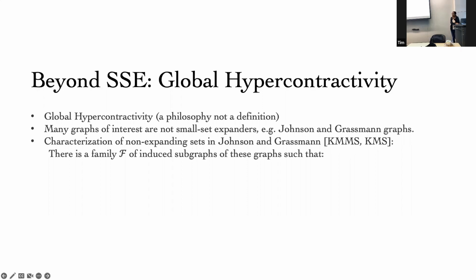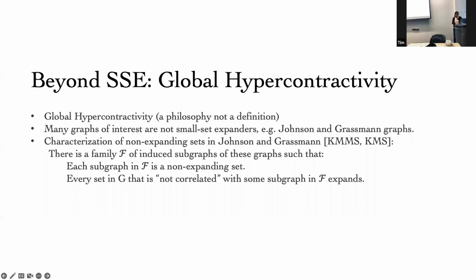So the characterization looks something like this. There's a family F of induced subgraphs of these graphs, such that each subgraph in the family is a non-expanding set. So these are like the bad sets that do not expand. But every set that is not correlated with some subgraph in F has good expansion.